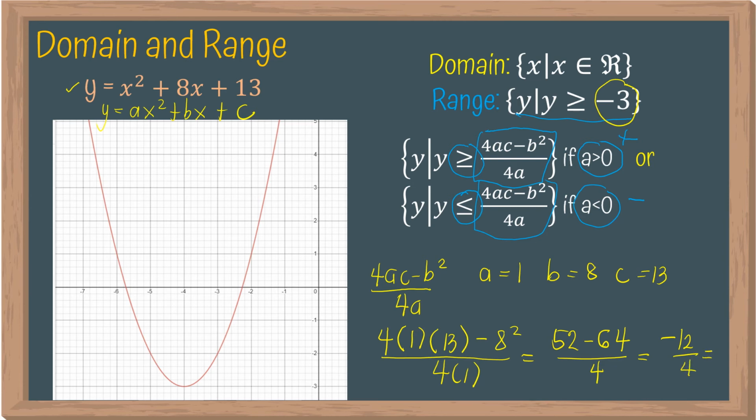And negative 12 divided by 4 will be negative 3, giving us a value the same as what we have a while ago. Okay? So that will be how to get the range of a quadratic function graphically and by solving. Okay, so let us have the last example.